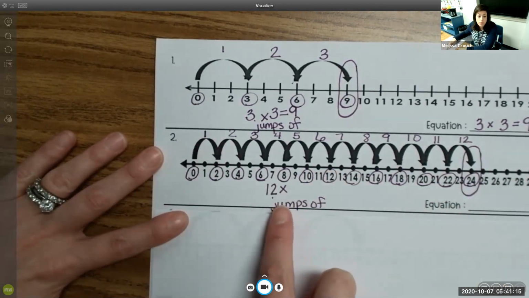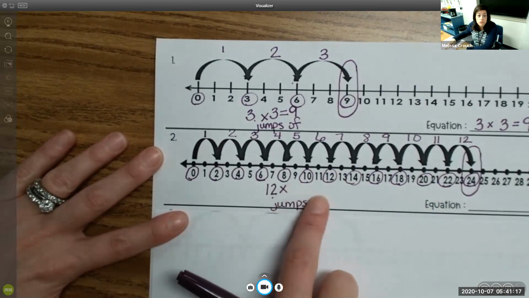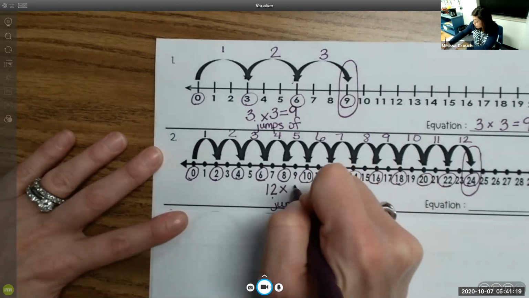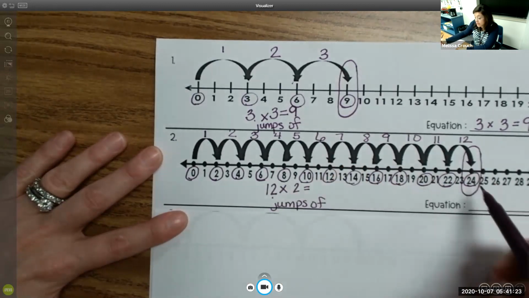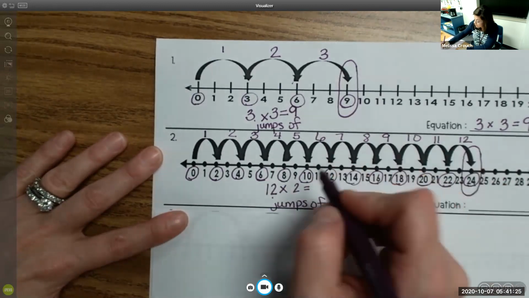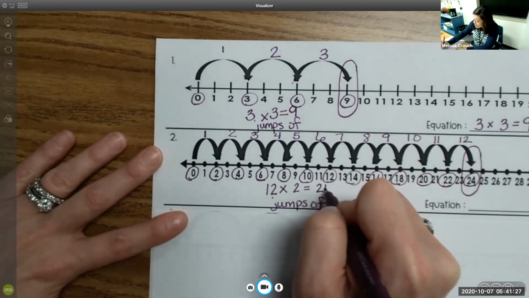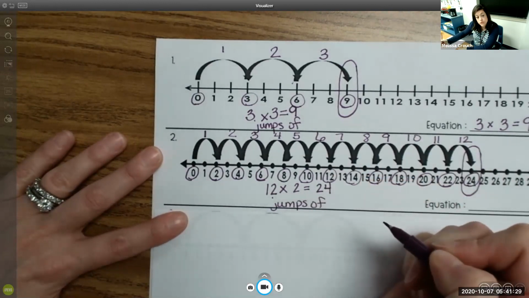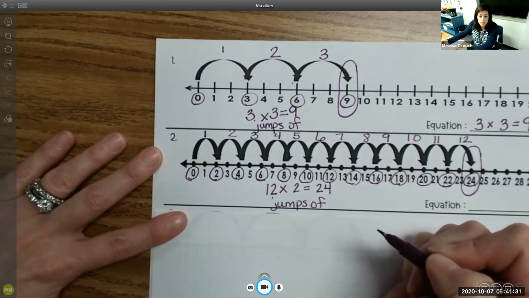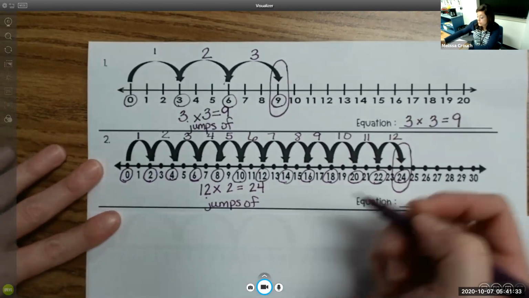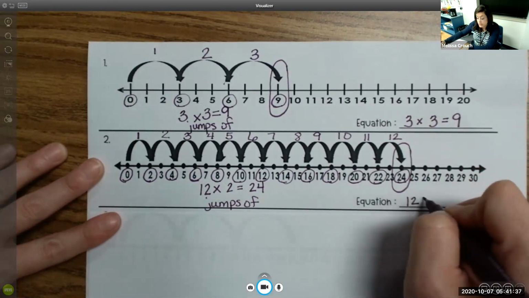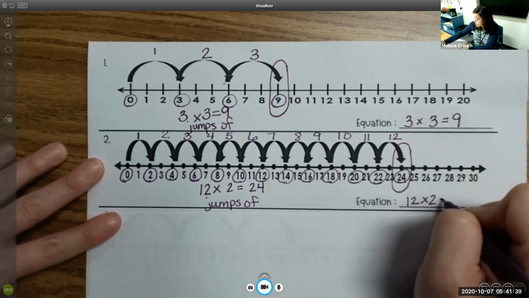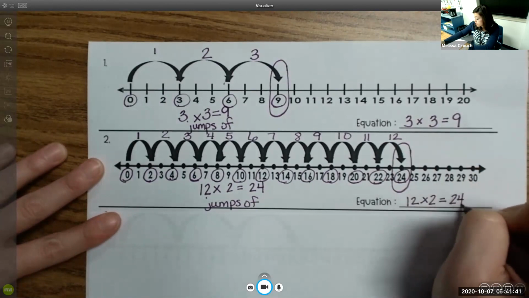So I took 12 jumps of 2. And what did it get me? My last number I landed on was 24. So 12 jumps of 2 equals 24. So my equation is 12 times 2 equals 24.